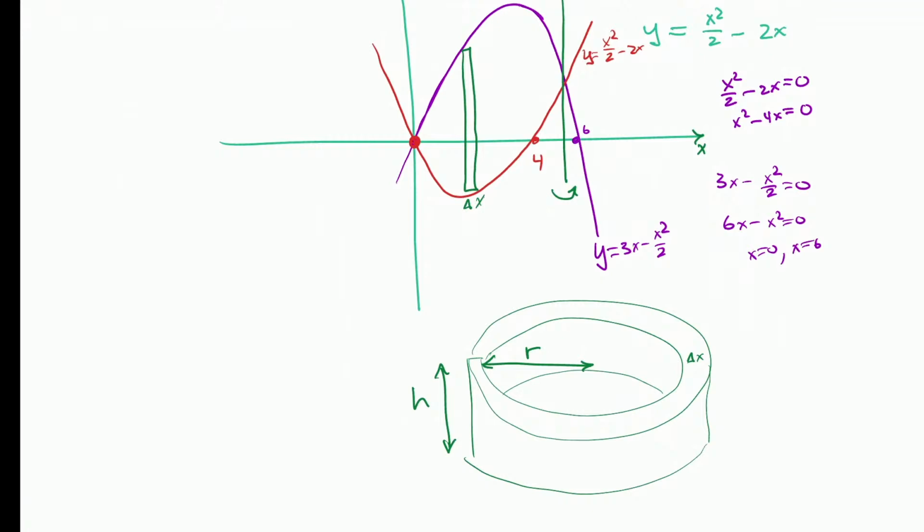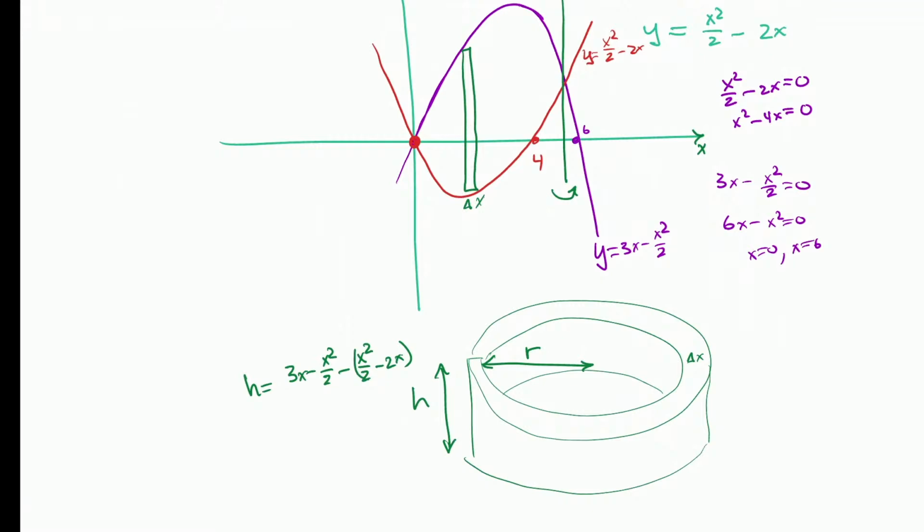So let's do this. The height is the easy one. That's the distance between the purple and the red curve. So the height is going to be purple, which is 3x minus x squared over 2, minus red, x squared over 2 minus 2x. And be careful with the double negatives.